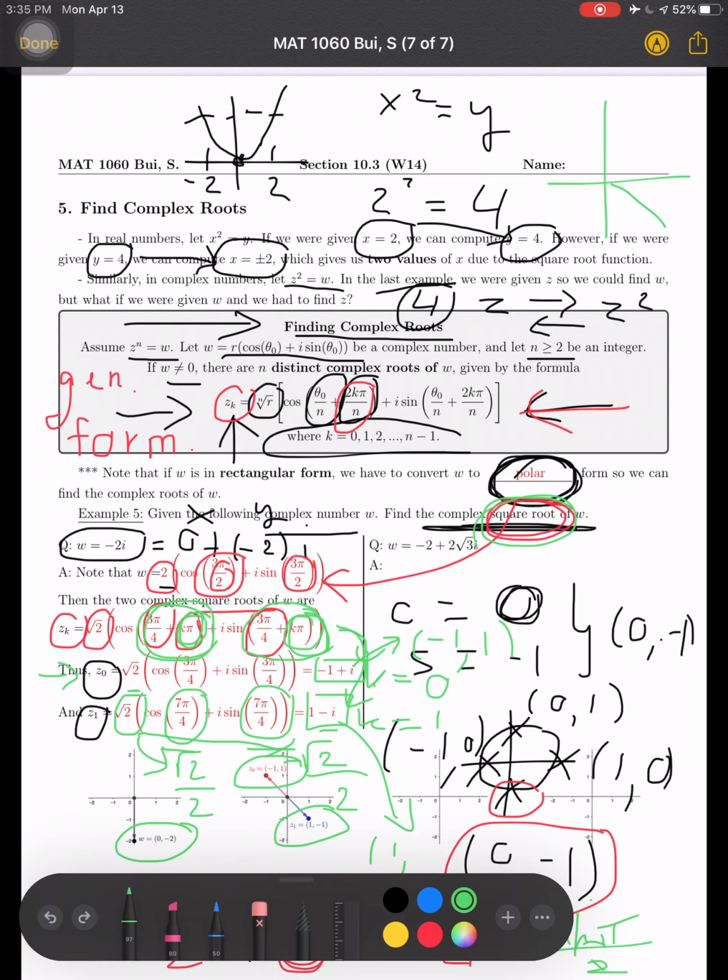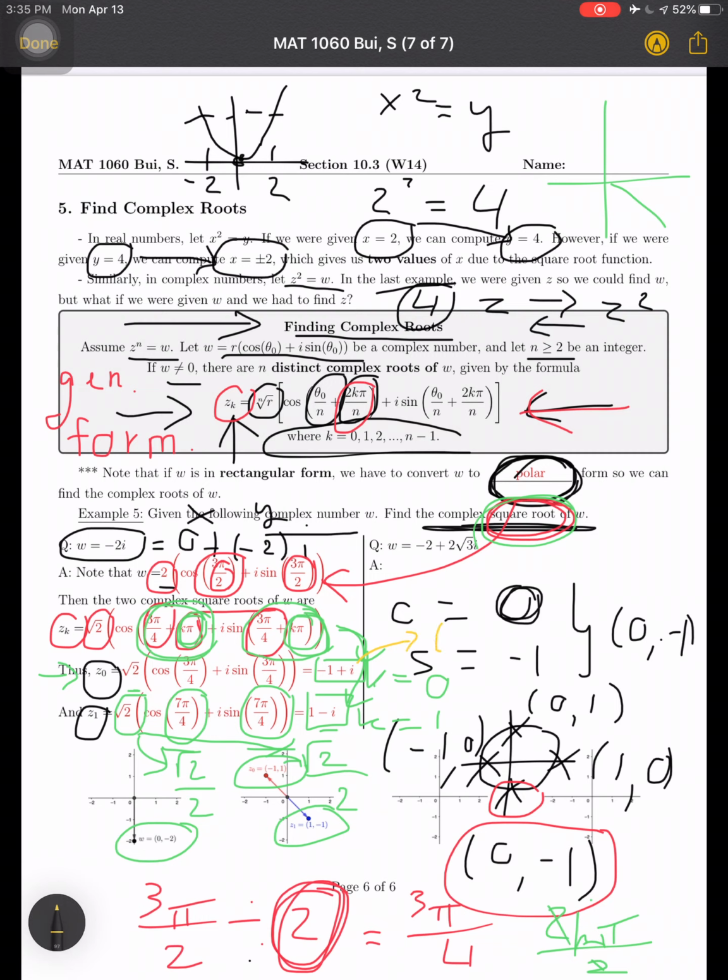Let me backtrack and use another color to make it more clear. Okay, let me use, I don't know, yellow maybe. So from this point here, the coordinate of it would be -1 comma 1. And for this point here, the coordinate of it would be 1 comma -1. That's why I have the two coordinates to plot out.